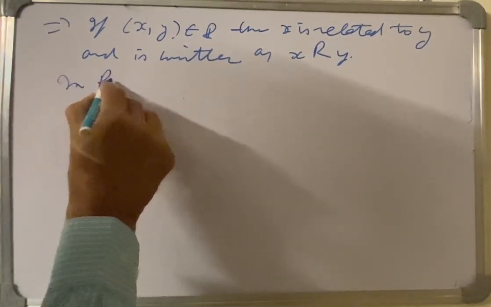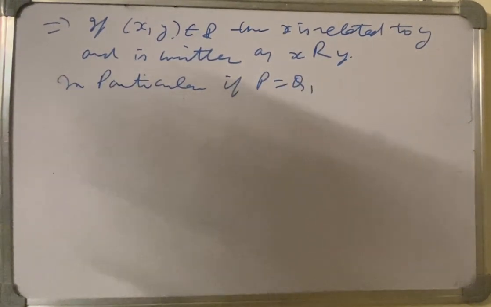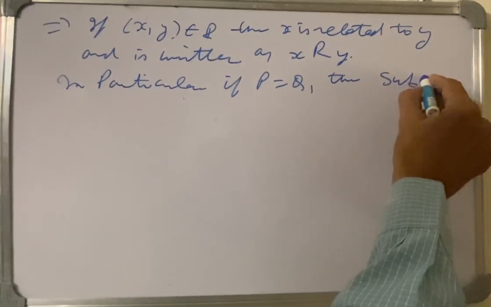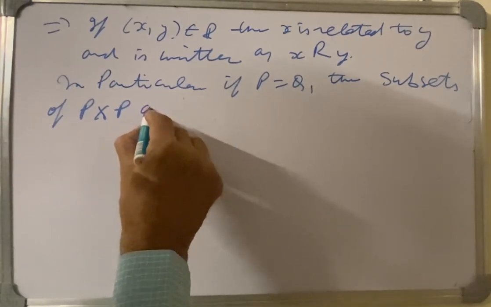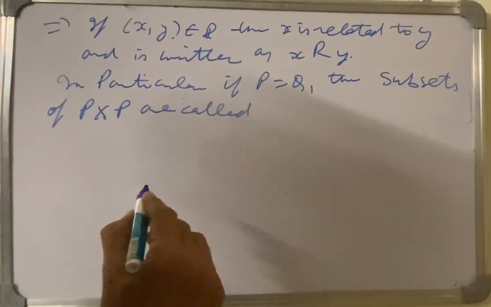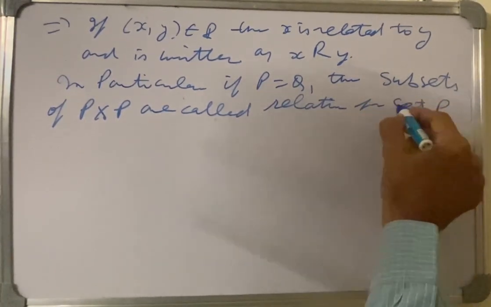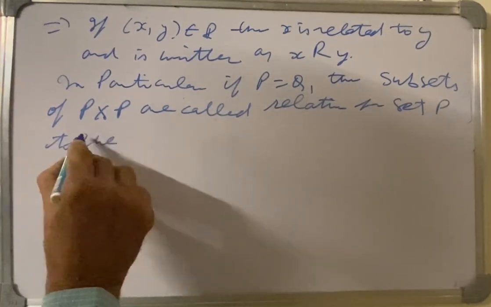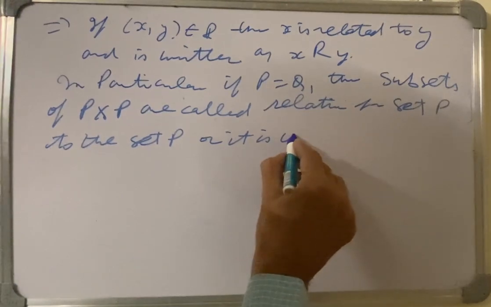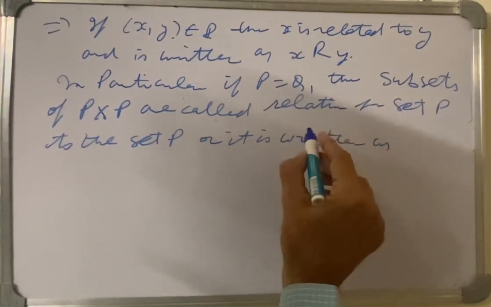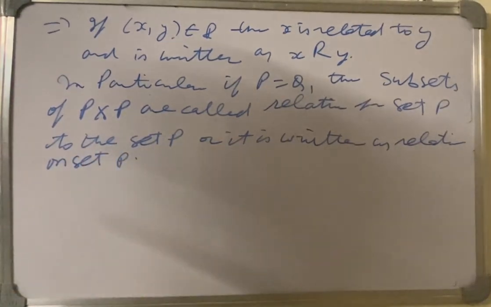In particular, if P is equal to Q, then subsets of the Cartesian product of P and P are called a relation from set P to the set P, or it is written as a relation on set P.